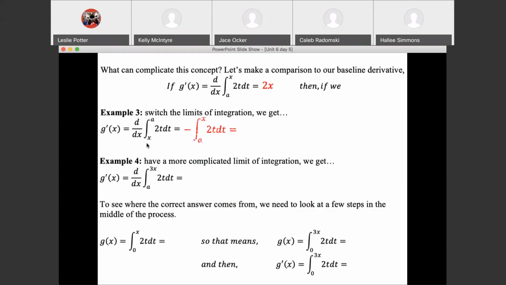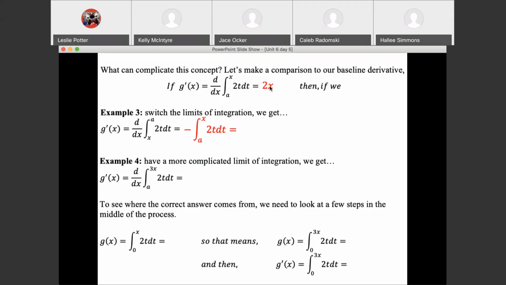So we need to switch them, but in switching them, what we've basically said is, if from a to x is making the shape from left to right, then x to a is making the shape backwards, sweeping from right to left. And that is the negative of going forward. It's like reading the graph backwards. Does that make sense?